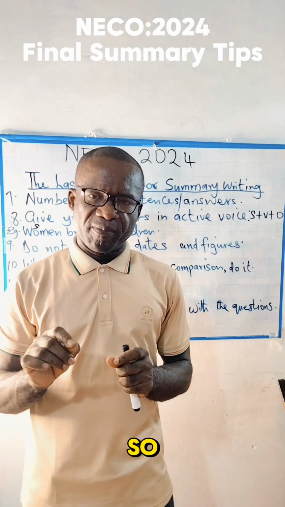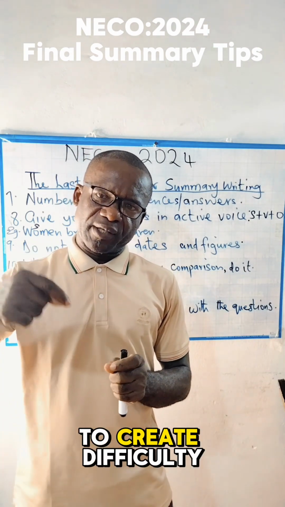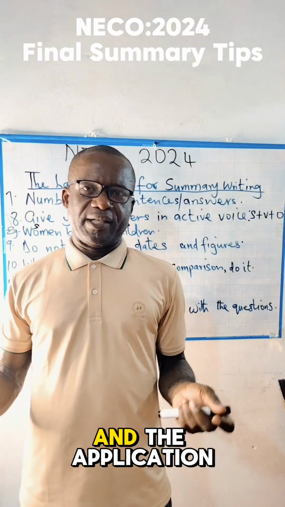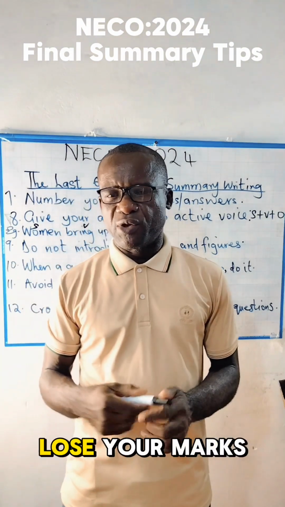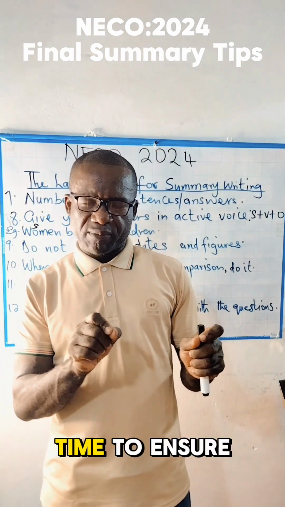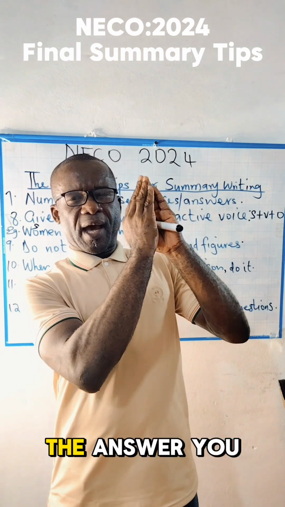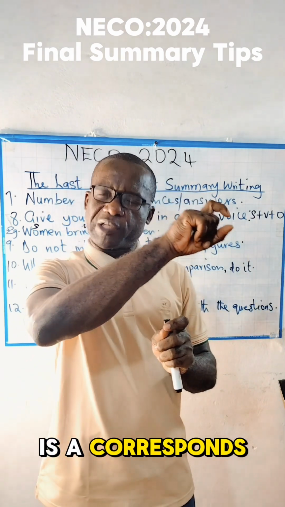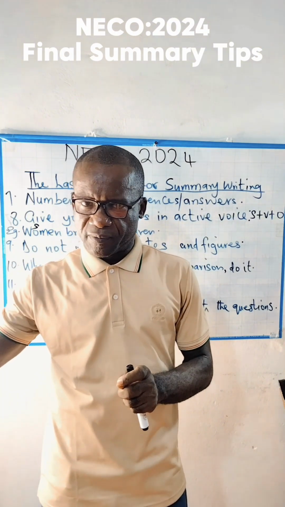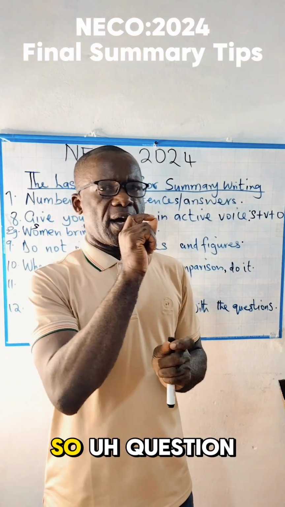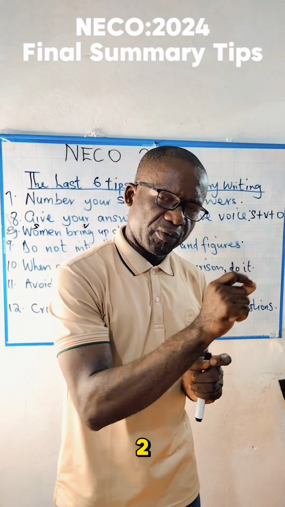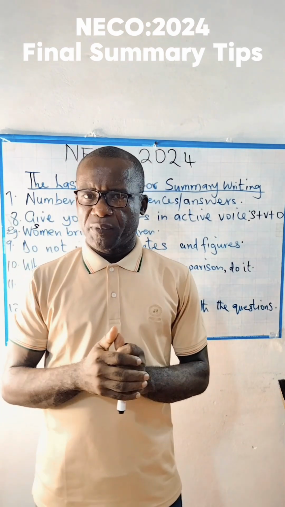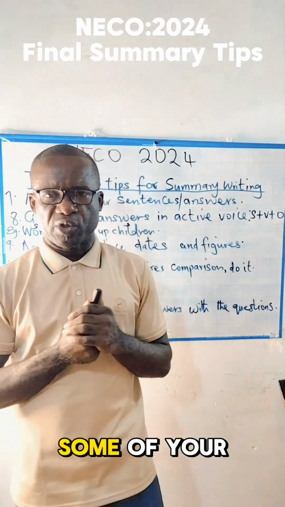If you do so, you are going to create difficulty for the examiner who is going to mark your script, and the implication is that you lose your marks. So take your time to ensure that the answer you provided for question 1 corresponds with question 1, and for question 2, the answer you provided corresponds to it. So that is how to answer summary questions.